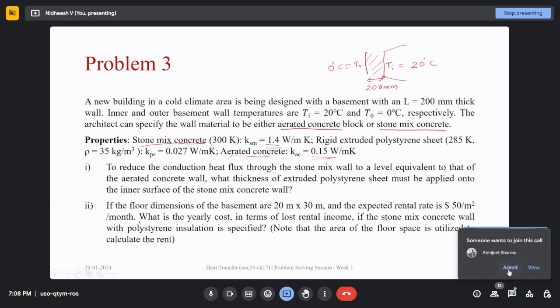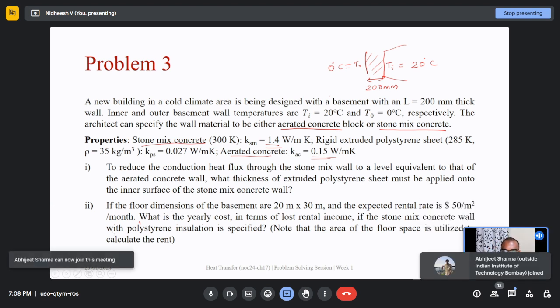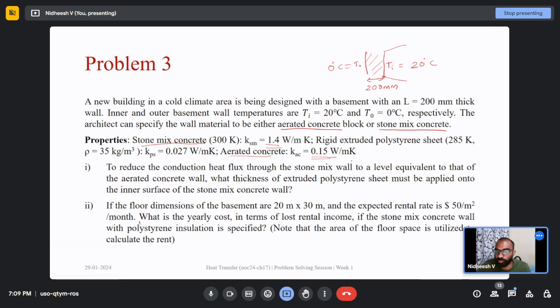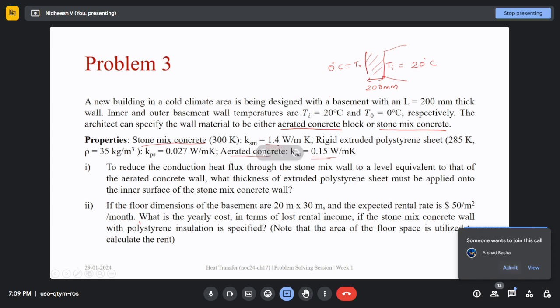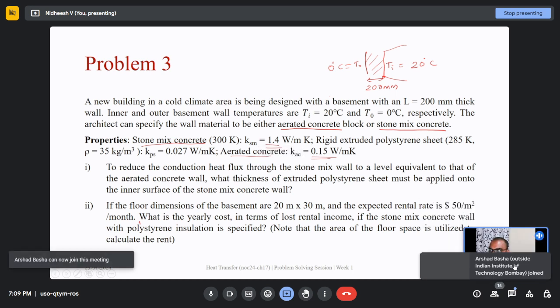And for that purpose they are going to add polystyrene sheet to the already built stone mix wall. And the question is, what should be the thickness of this polystyrene sheet that should be added to this stone mix wall to make its heat loss equivalent to that of aerated concrete block? Is the question clear for everyone?